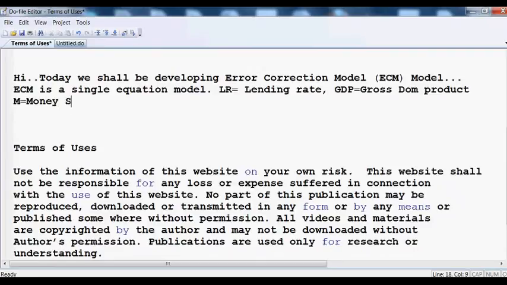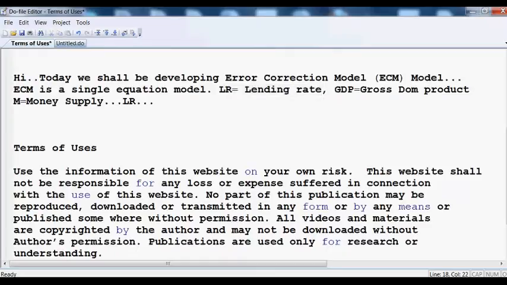Money supply. And here LR is the dependent variable, right? That means we want to check whether GDP and money supply can cause lending rate or not. That we want to check.